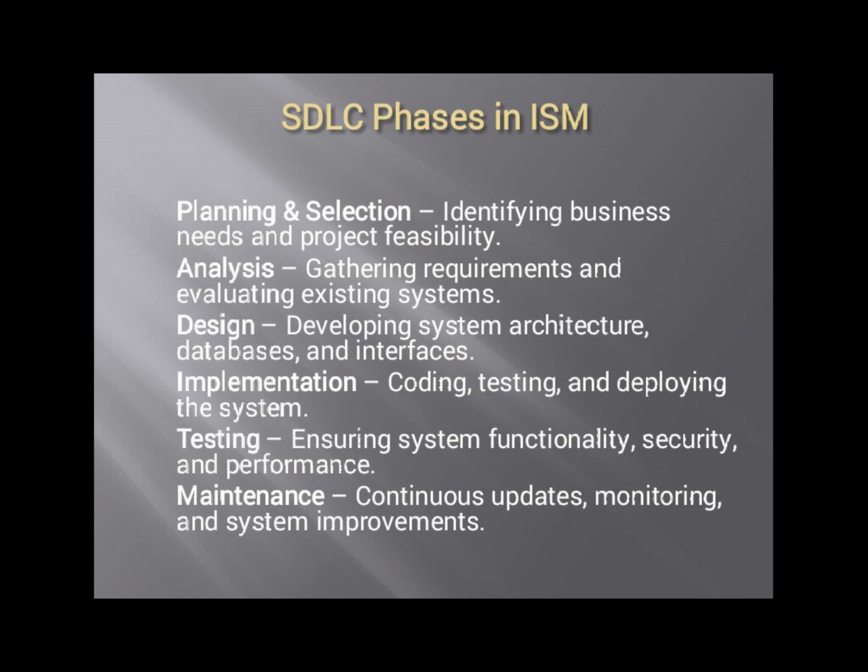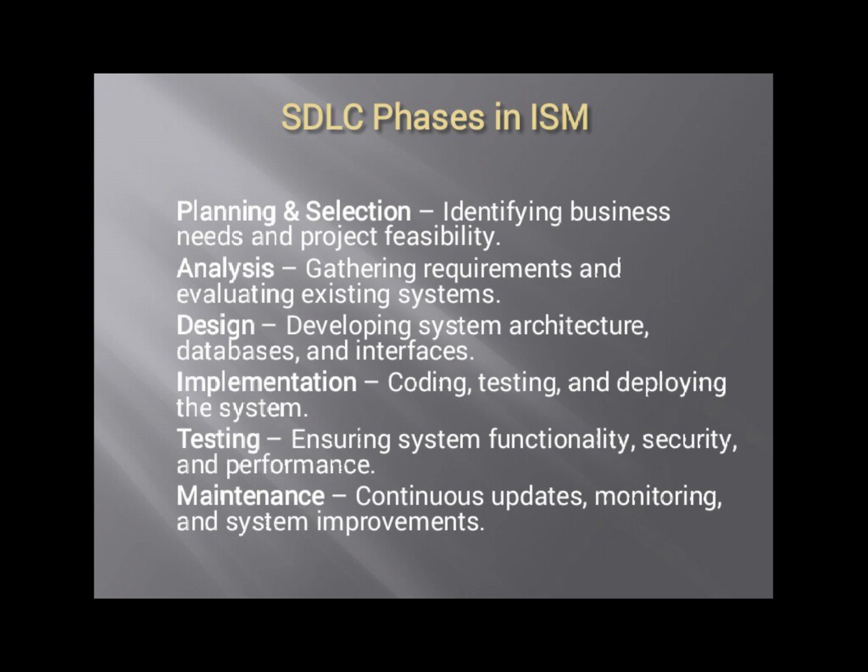And the fifth phase will be testing, ensuring system functionality, security, and performance. And the fifth phase is maintenance, continuous updates, monitoring, and system improvement. So these are the system development lifecycle phases in information system management.